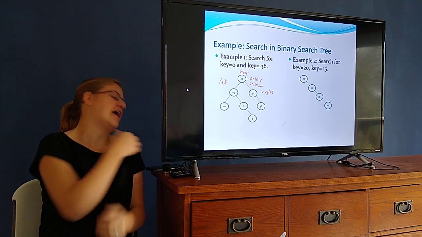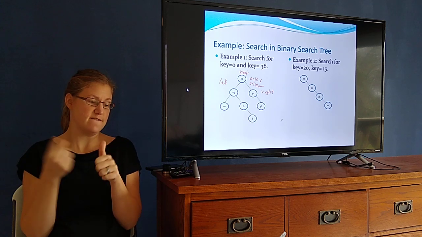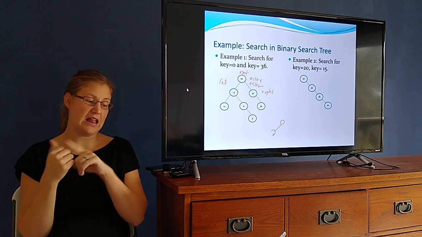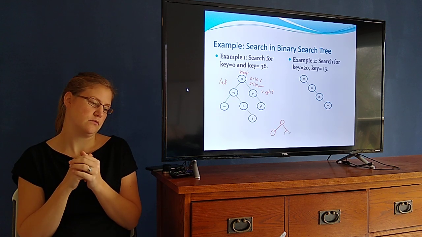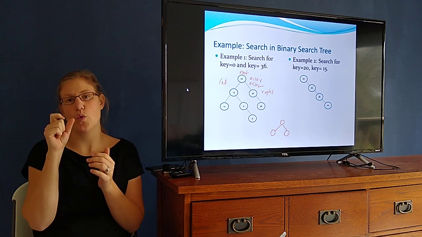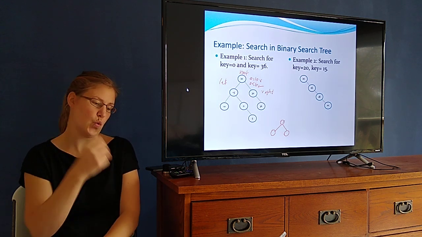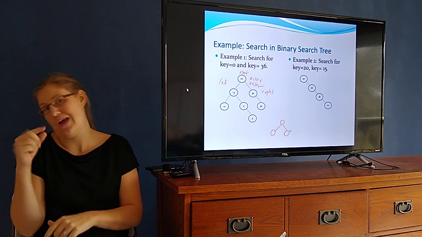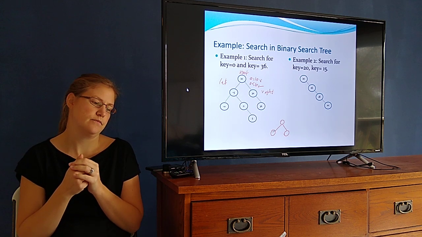So first we have here the root, we have left, and we have right. And we don't always need to have left and right. Maybe we have the root by itself, or the root with the left child only, or the root with the right child only.